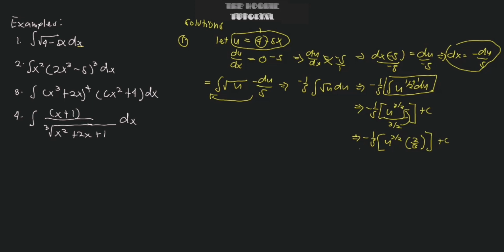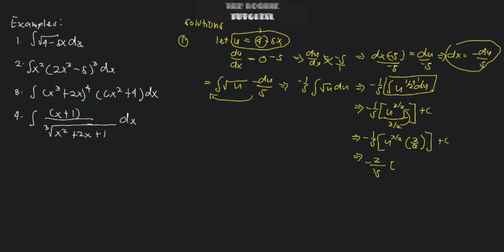So we already have this one. We can simplify that even further. We can basically factor this one and multiply it to negative 1/5. That would become negative 2, since 1 multiplied by 2 is 2, and then 5 times 3 is 15.